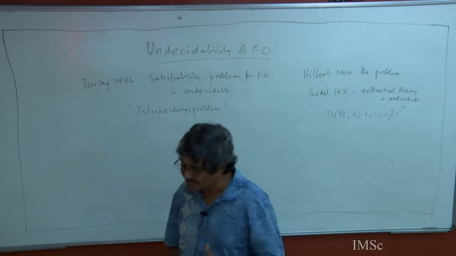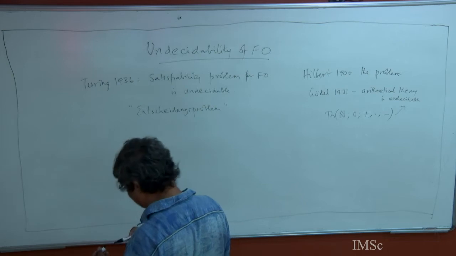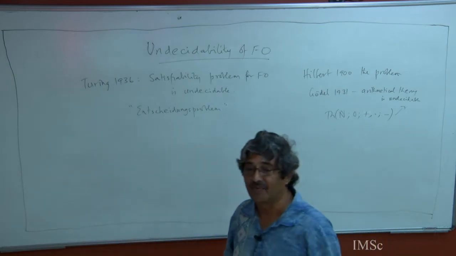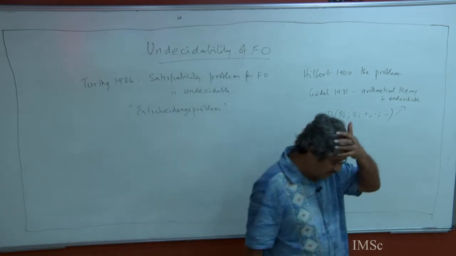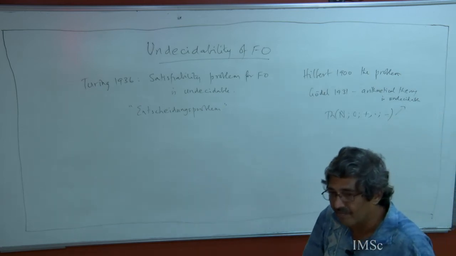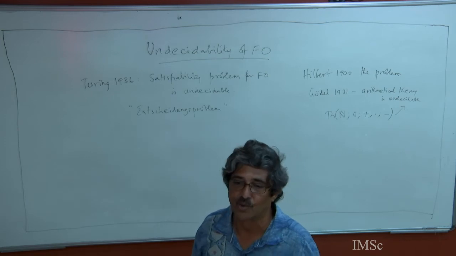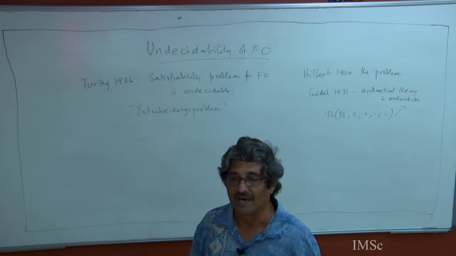So basically, this idea that the halting problem for Turing machines is undecidable, and then basically that's used to show that the satisfiability problem for FO is undecidable. Of course, now what I want to do is, we can do a direct Turing machine reduction and show that the satisfiability problem, if you know what it means, is co-RE, right?